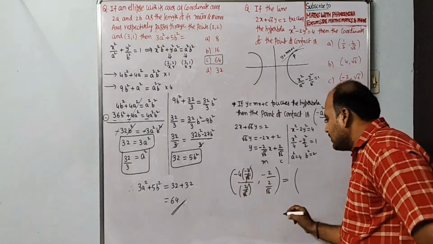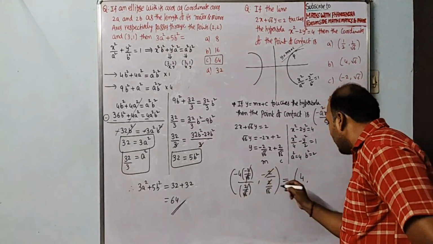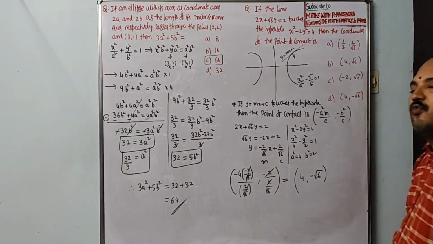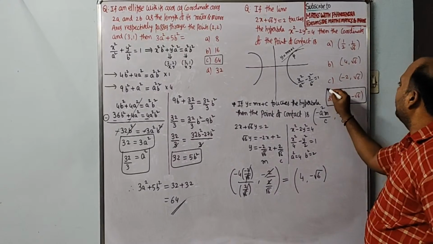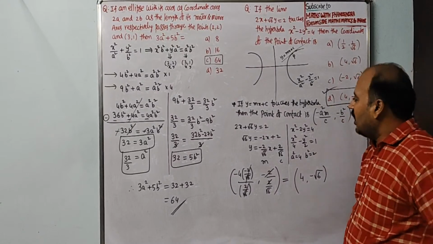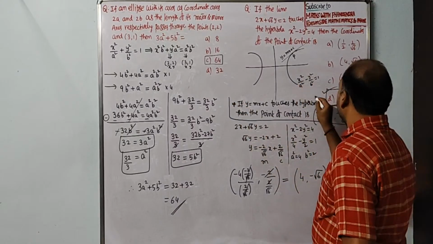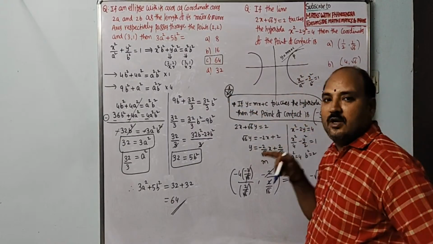So minus into minus is plus 4. Here 2 gets cancelled, minus is there, in the denominator, numerator, minus root 6. So (4, minus root 6) is our answer. It is there in the fourth option. I hope everyone understands, students. You have to remember, whenever it is a tangent, the point of contact is this one.